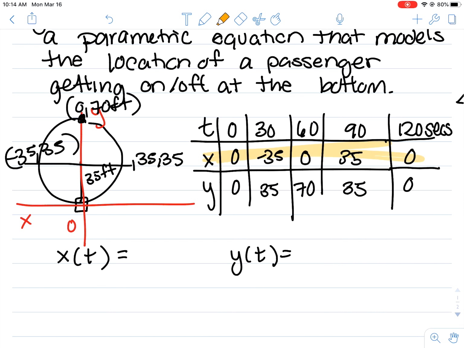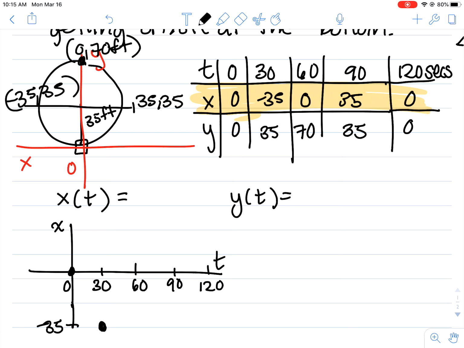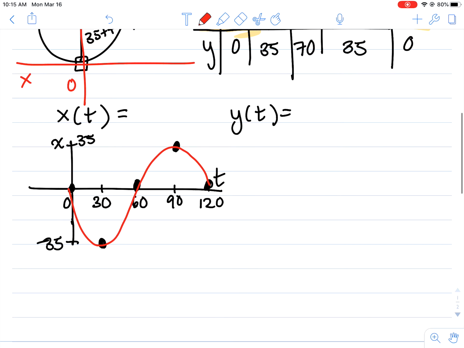At 60, we're back at the equilibrium point, then we're up at 90 to positive 35, back to equilibrium. That looks like a sinusoid. That looks like a negative sine graph. So this is some sort of negative sine function with an input of t.